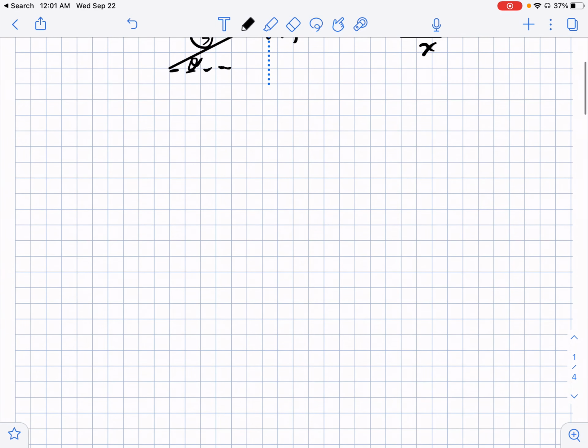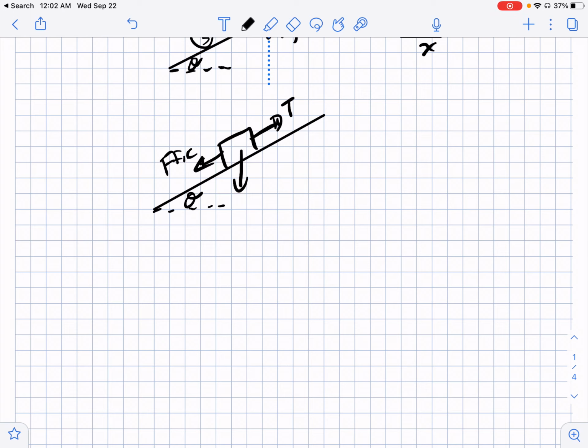Let's redraw this. We have our ramp, and here's the angle. Here's our box. And let's draw the same forces. We have tension and we have friction, Fg straight down, and then the normal force perpendicular.